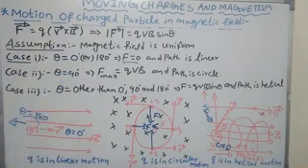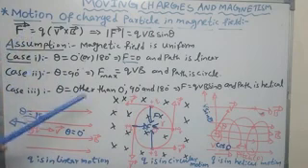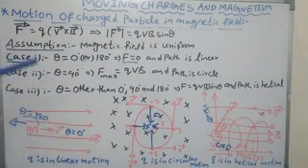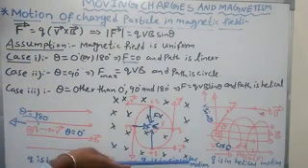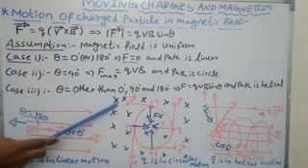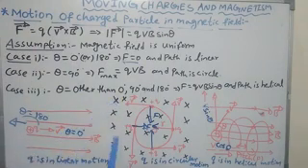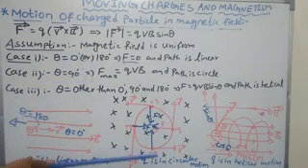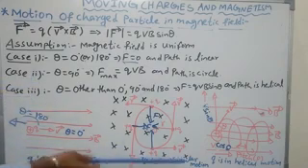Next, case 2. Theta is equal to 90 degree. The angle between the velocity of the charged particle and the magnetic field is 90 degree, or the charged particle is moving perpendicular to the magnetic field.